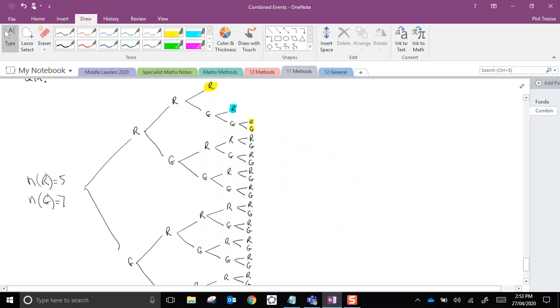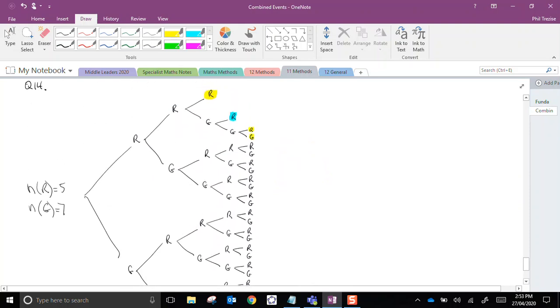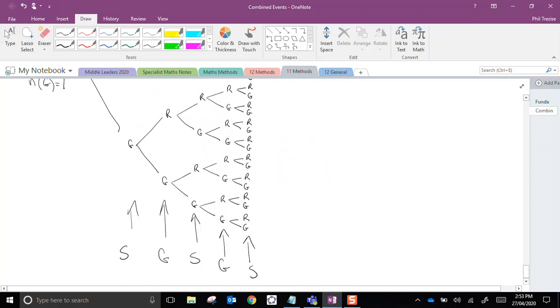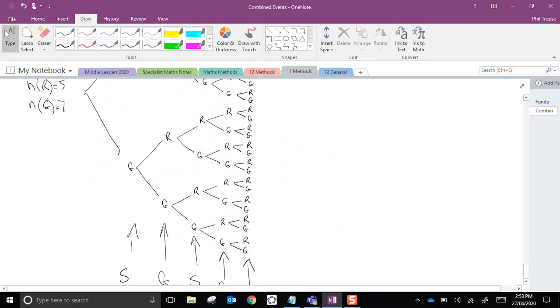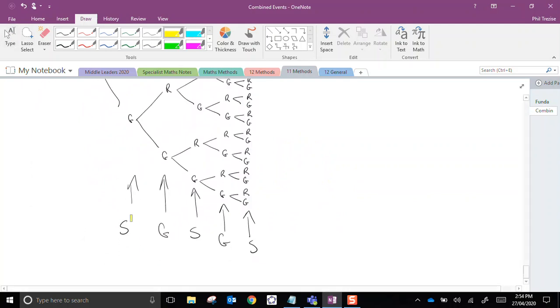I'm going to continue working through the rest of the pruning that's required for this tree. So just to make it clear, I'm using yellow down here to represent Sebastian winning, and I'm using blue highlight to represent Georgie is winning.